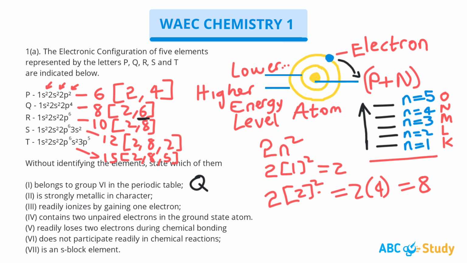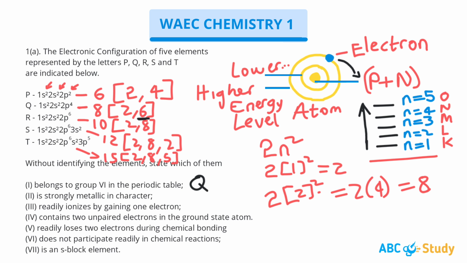Now I need to talk about this. When we're talking about chemical combination, we have 2 types. We have electrovalent or ionic combination, or the second one, covalent combination. Covalent involves sharing, while electrovalent involves the losing and the receiving of electrons.